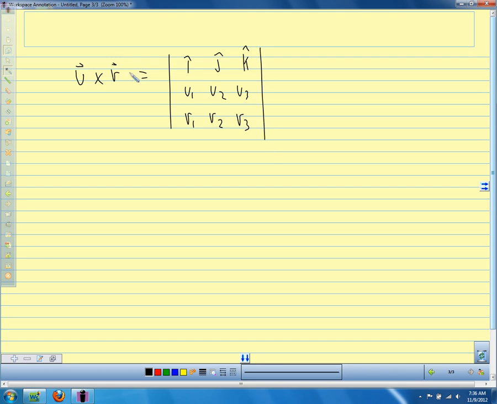If you append the first two columns on the right side of your determinant, so I'll do i, u1, v1, and I'll do the next column in blue, j, u2, v2. You can also do it this way.